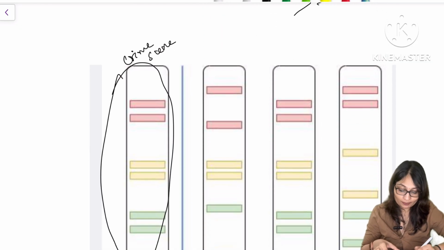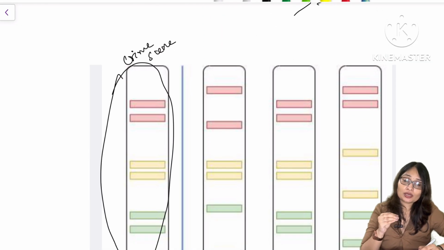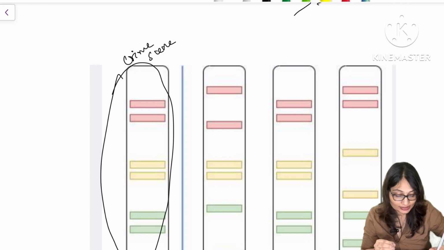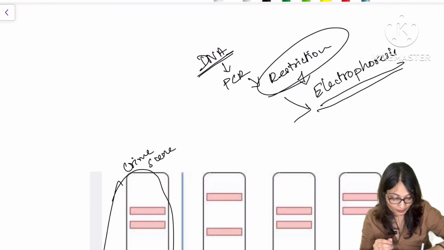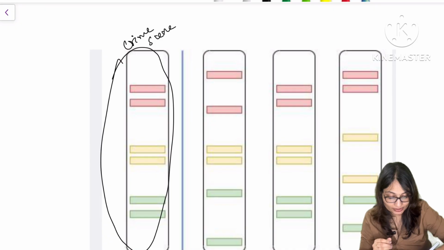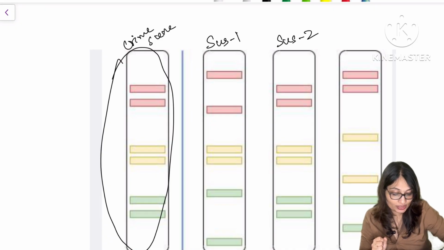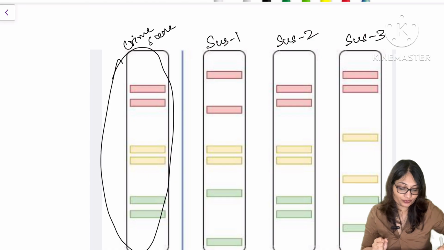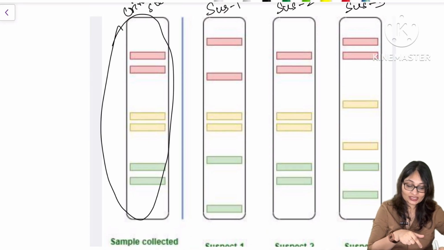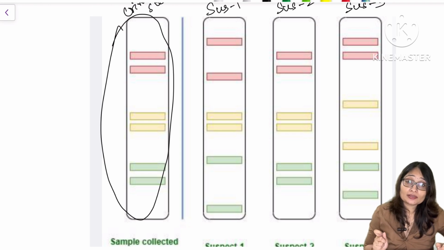This is the electrophoretic pattern of the DNA that was collected from the crime scene, and these are the patterns of 3 suspects. Let this be suspect 1, this is suspect 2, and this is suspect 3. Which of these 3 suspects' DNA fingerprints matches the one from the crime scene?